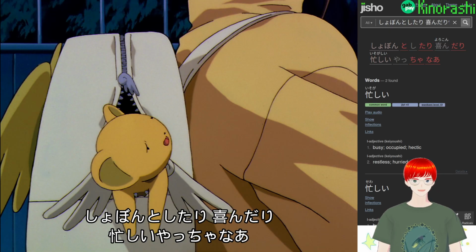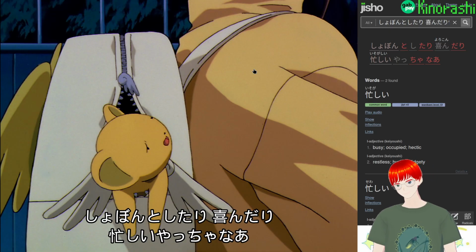Find the yachana. Appears to be a poetic or expressive sentence, possibly. Okay, no. Yachana. Okay. Shobon to is an adverbial expression describing a dejected, downcast, sad mood, and then shitari comes from the grammatical structure tari.